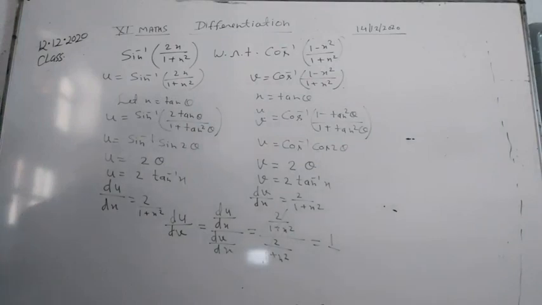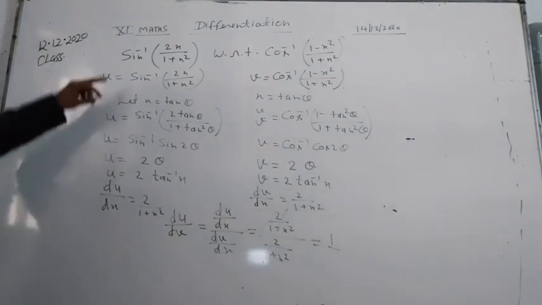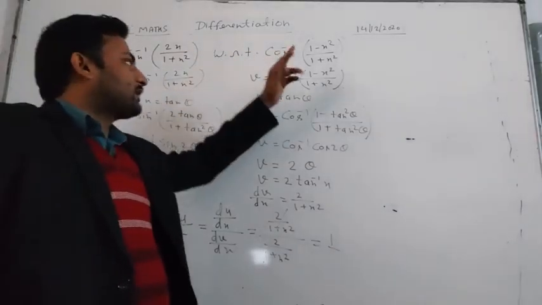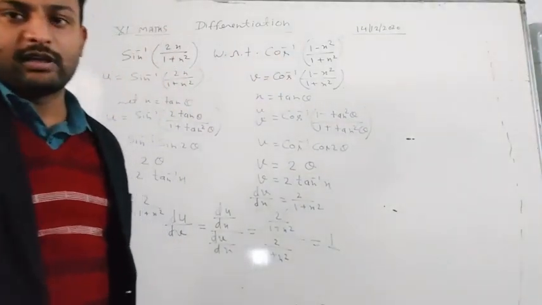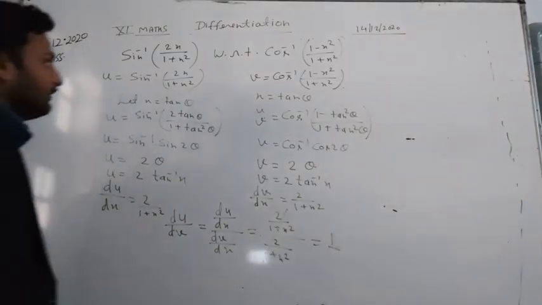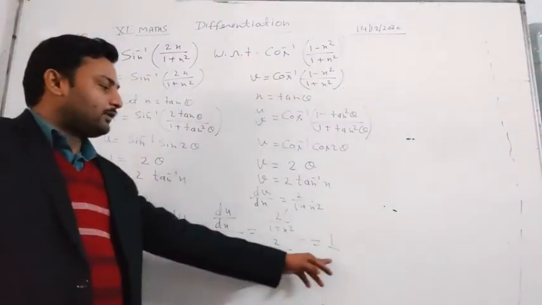And so the differentiation of sin inverse 2x upon 1 plus x square with respect to cos inverse 1 minus x square by 1 plus x square will be equal to 1.